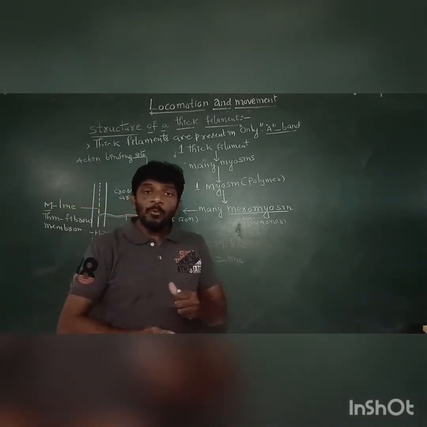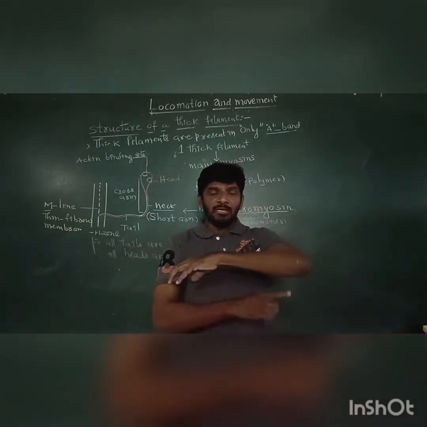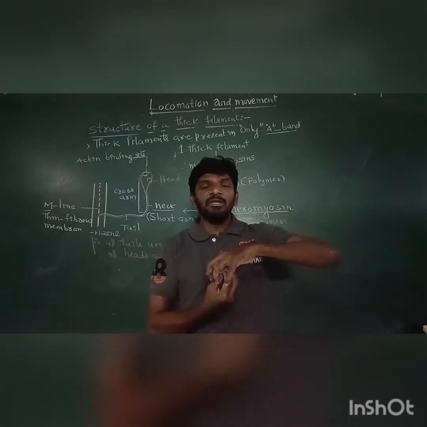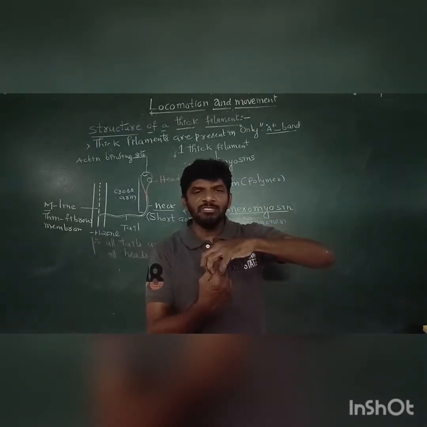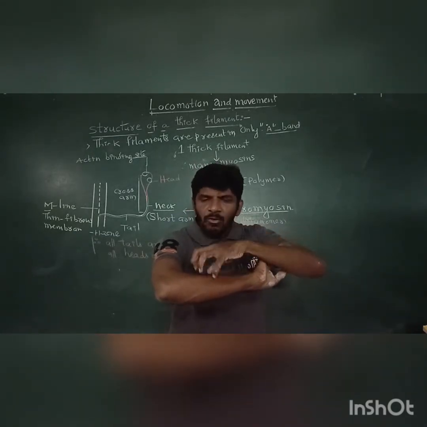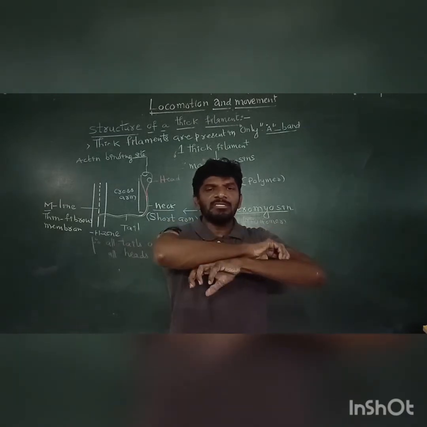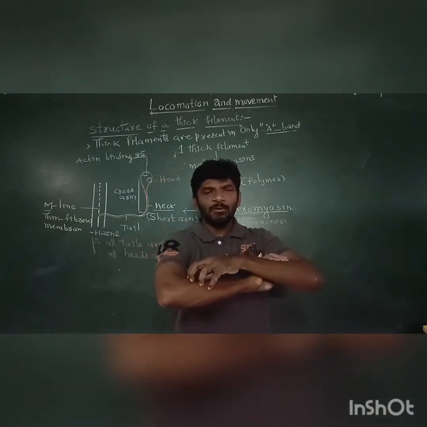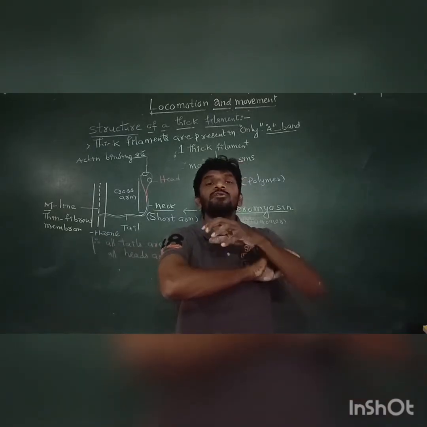Next, this is the actin binding site and the lower binding site is the ATP binding site. The head of the meromyosin has two binding sites. The upper binding site is the actin binding site and the lower binding site is the ATP binding site.